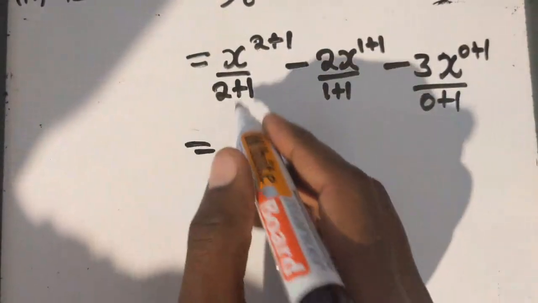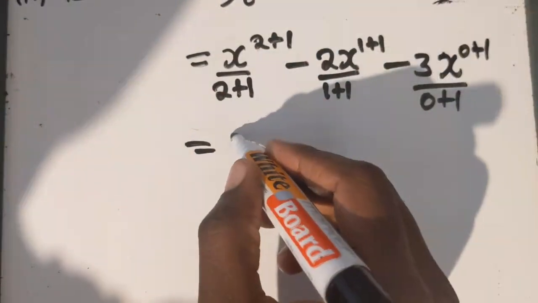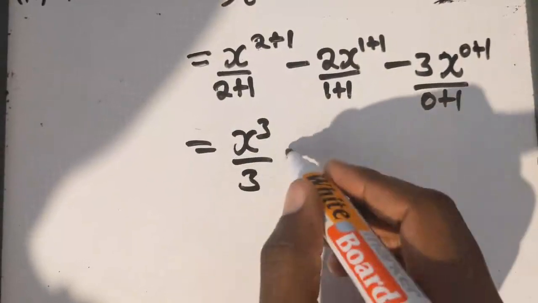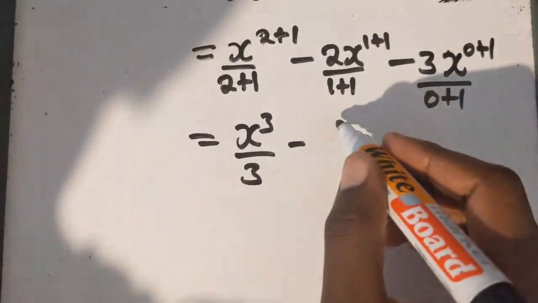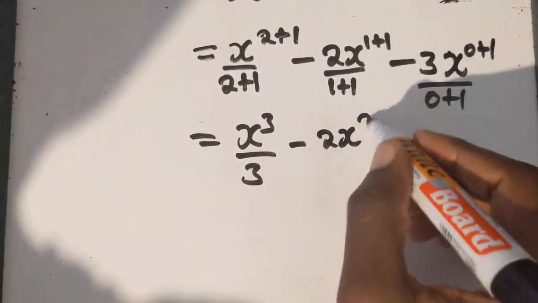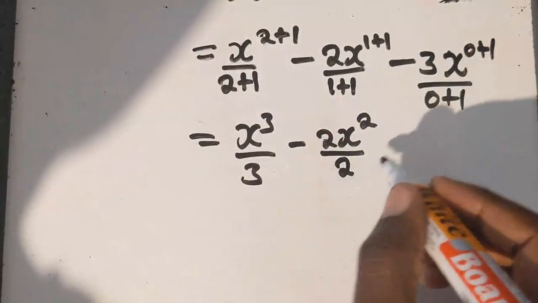Then you say equals 2 plus 1, that is 3. So we have x to the power 3 over 3, minus 2x to the power 2 over 1 plus 1, that's 2.